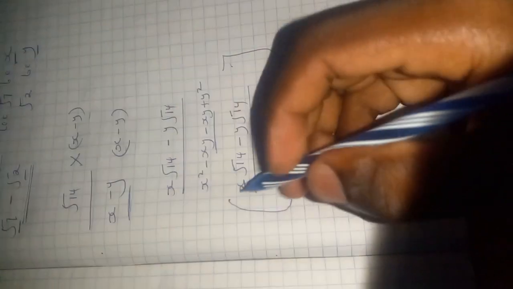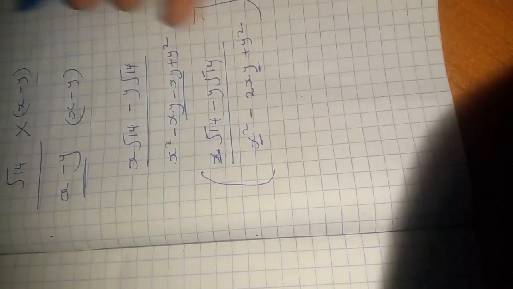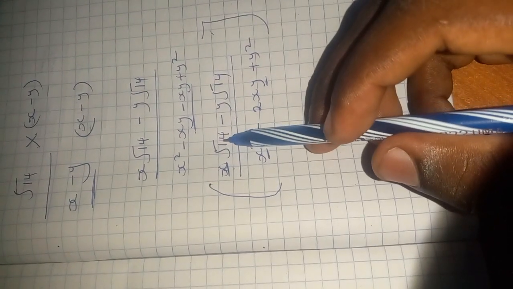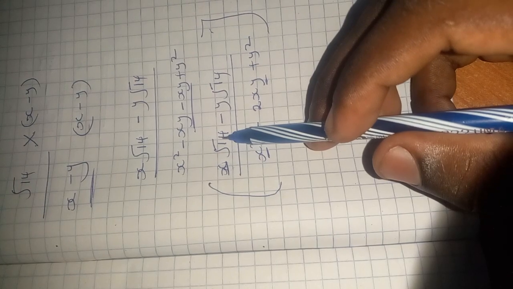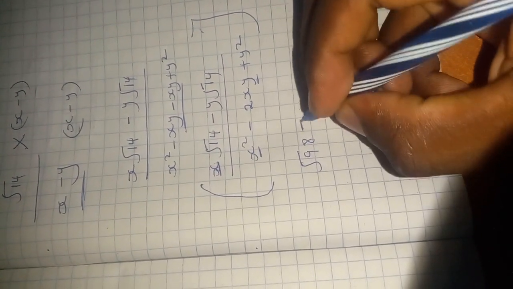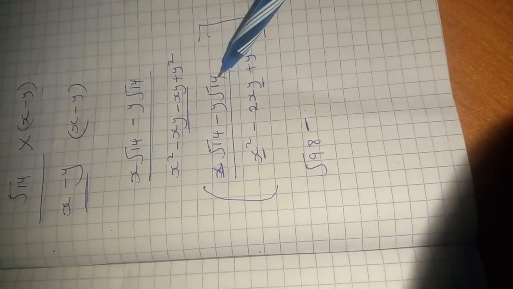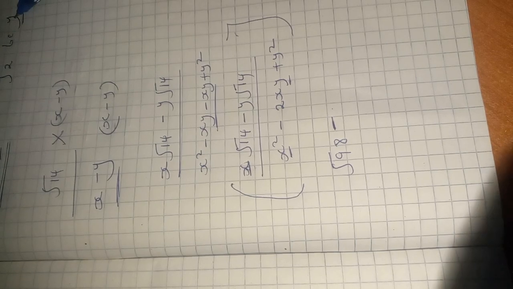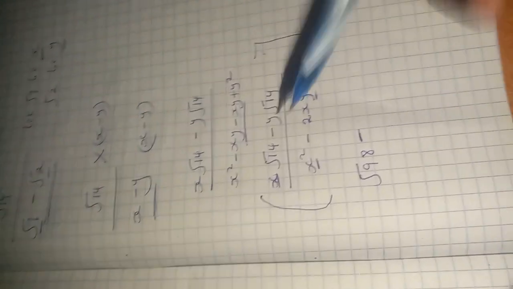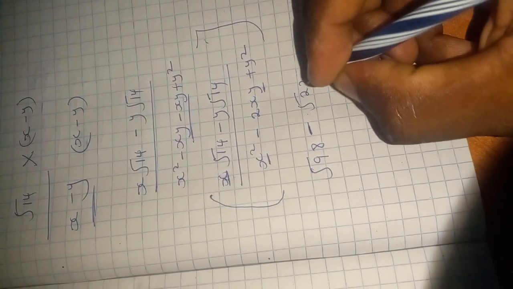So here x is root of 7, so it will be root of 7 multiplied by root of 14, which is root of 98, minus y multiplied by root of 14, that is root of 2 multiplied by root of 14, which gives root of 28.